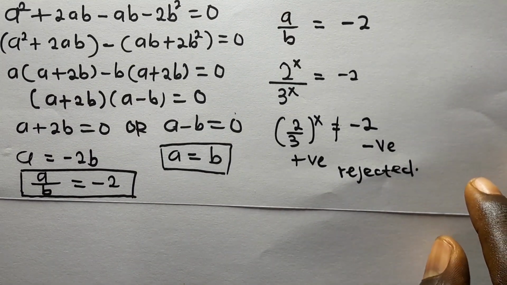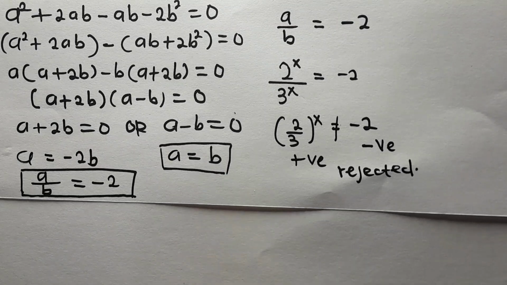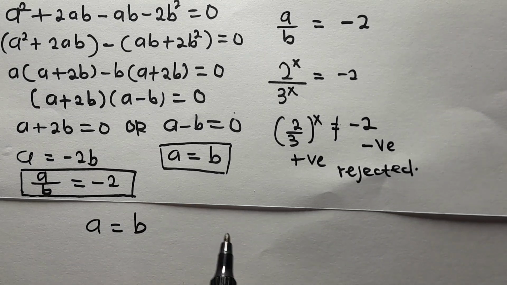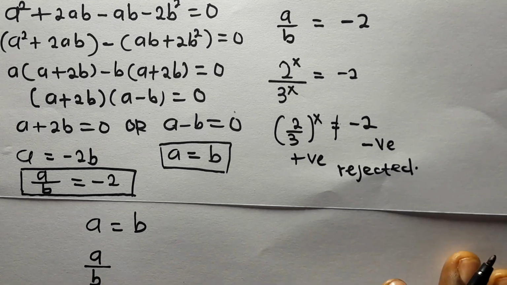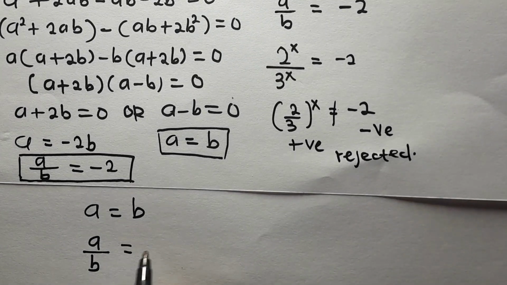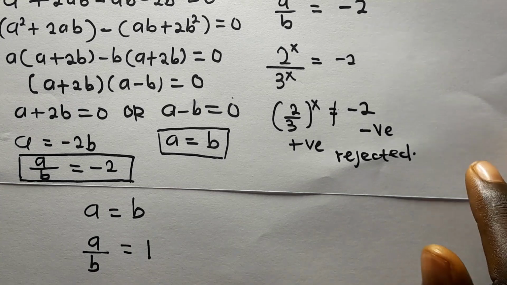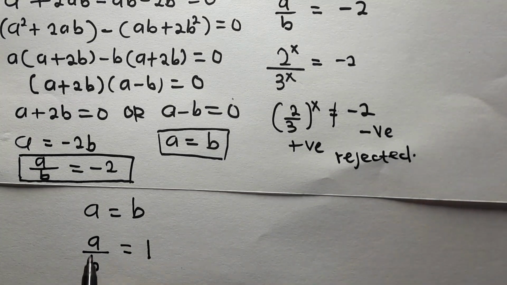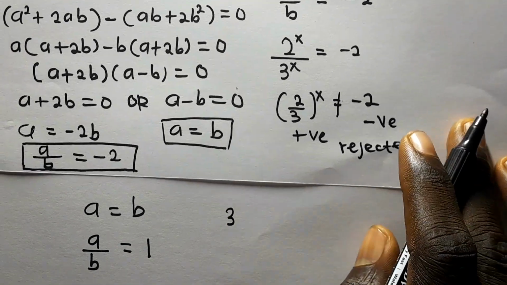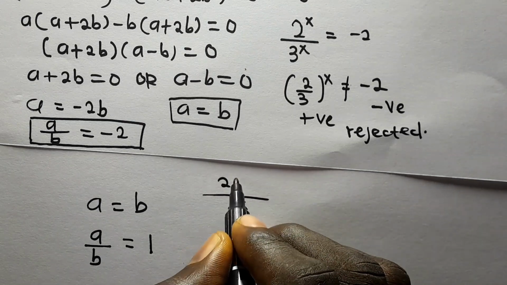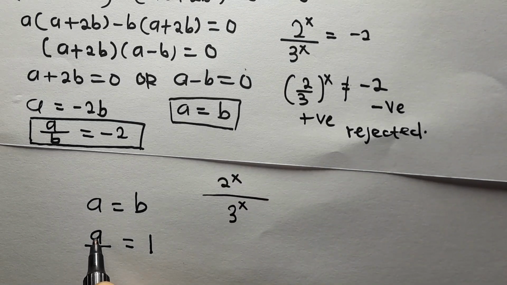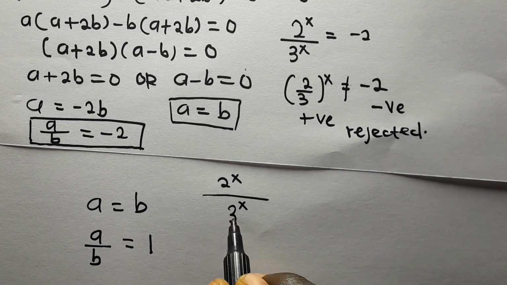Now recall from this, we have a equals b. So from here, when we divide both sides by a, we are going to have a divided by b equals 1. And when a divided by b equals 1, this implies that 2 raised to power x divided by 3 raised to power x equals 1, because a equals 2 raised to power x and b equals 3 raised to power x.